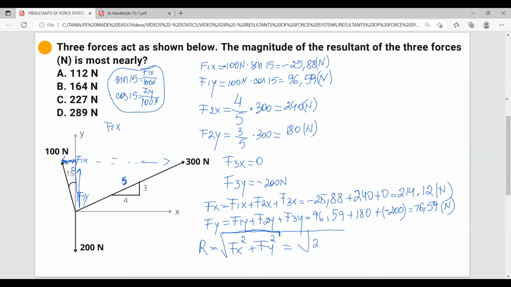We have 214.12 squared plus 76.59 squared equals. And once you calculate all this, you should get 227.4.